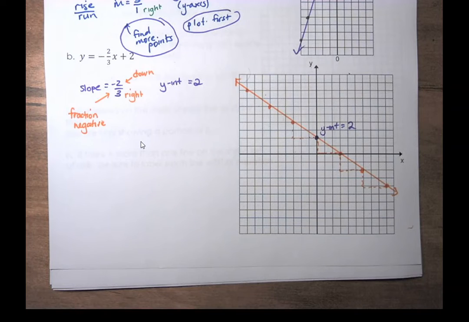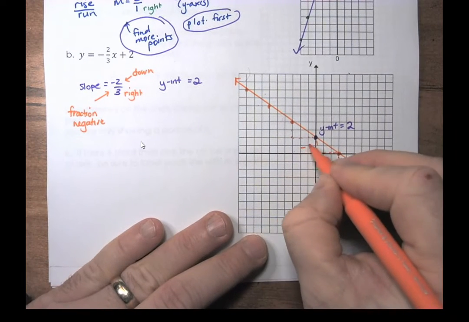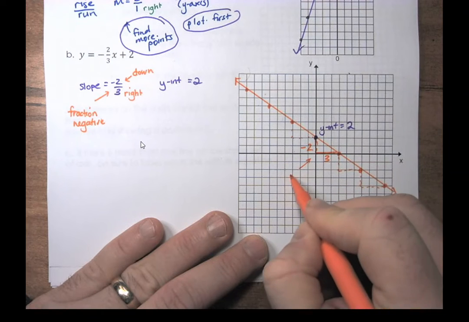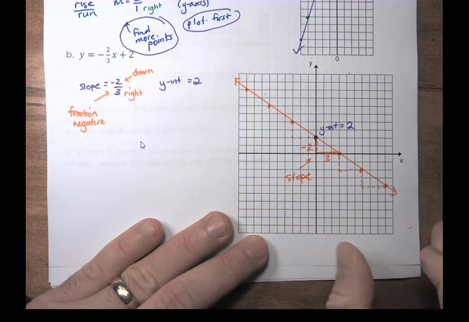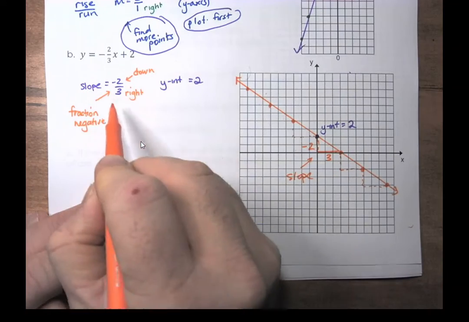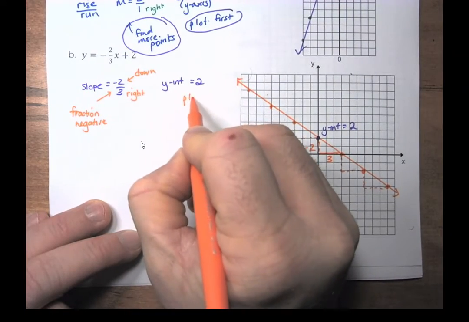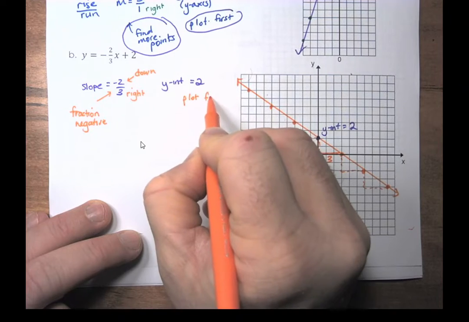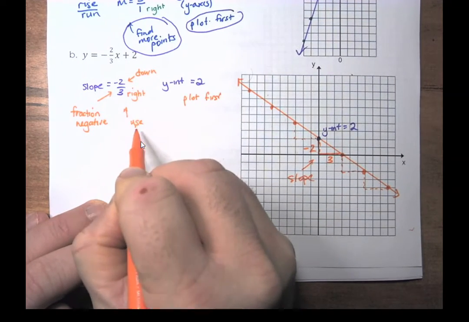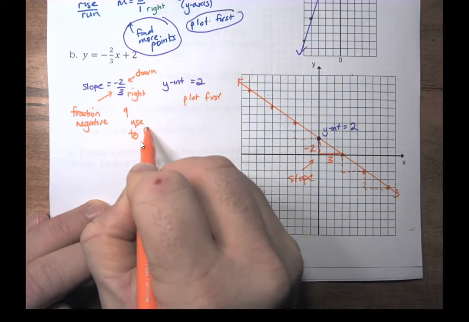There's my equation. So I have my slope down to around a 3. There's my slope in action. All right. But this is key. Plot your y-intercept first, and then use the slope to find more points.